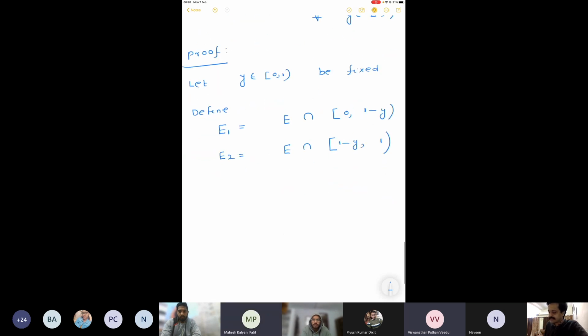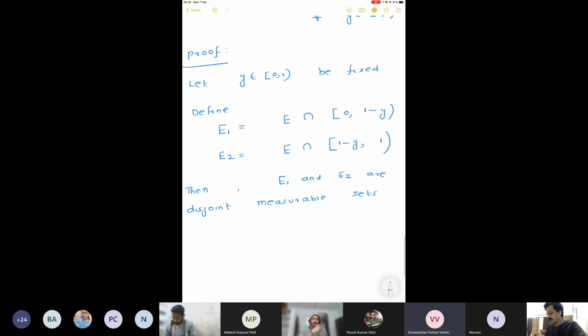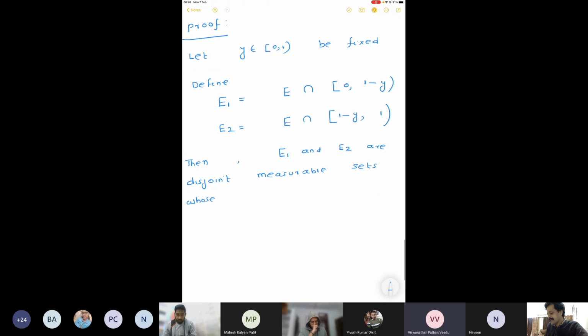Therefore, E1 and E2 are disjoint measurable sets whose union is E.